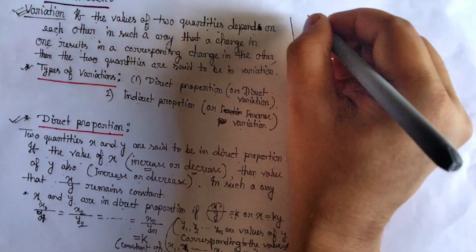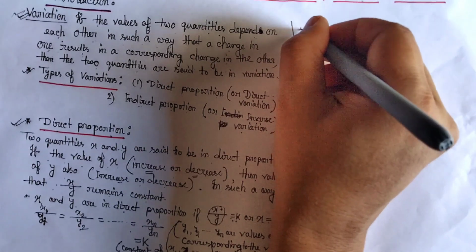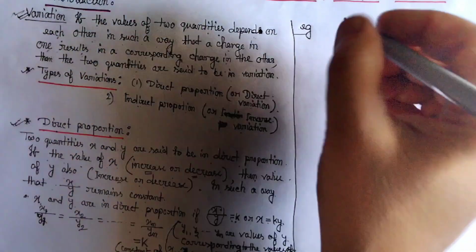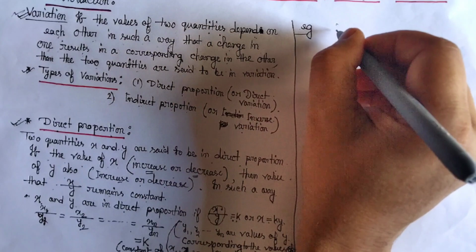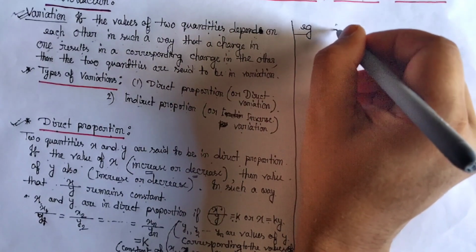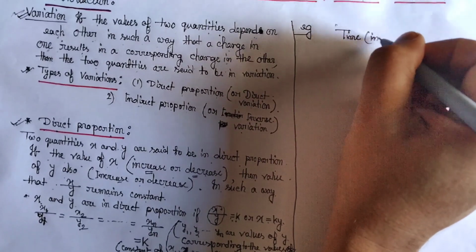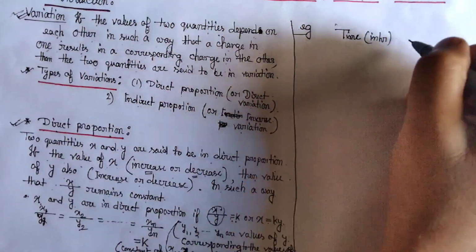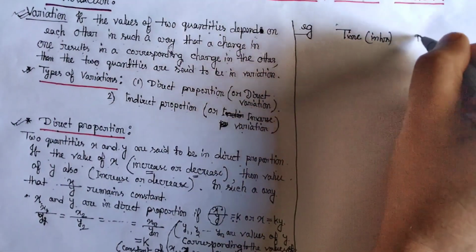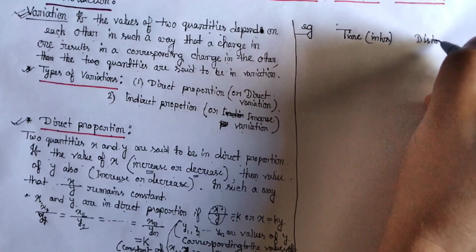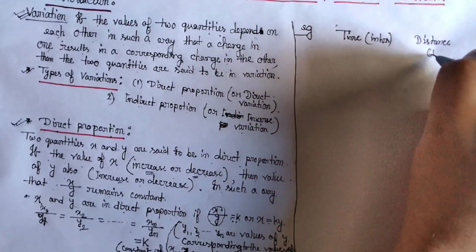For example, time and distance. Time in hours and distance in kilometers.